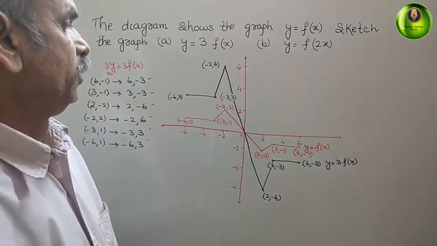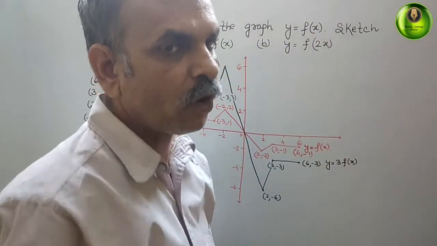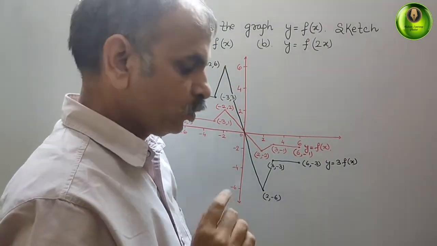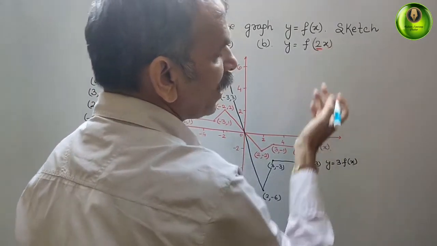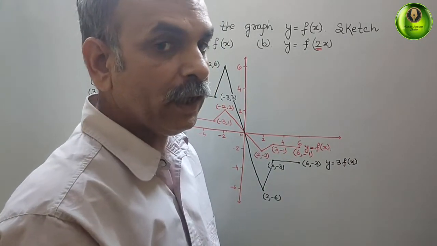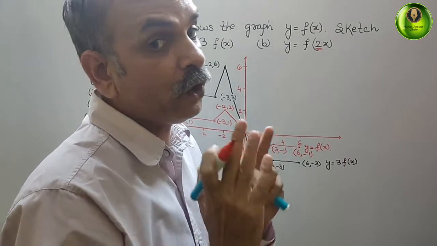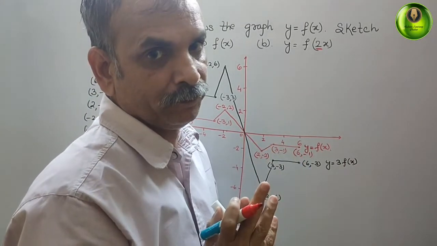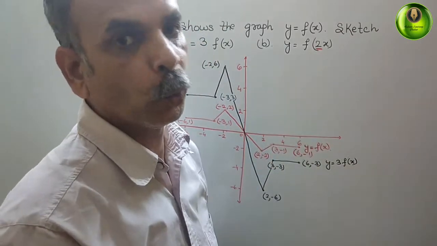Now, next comes your y is equal to f(2x). What does it mean? Whatever value comes before the x, it will only affect your x values. It will not affect your y. You can see they have written 2.